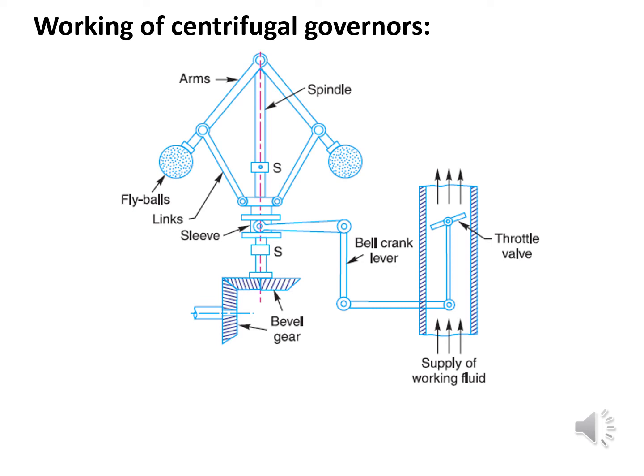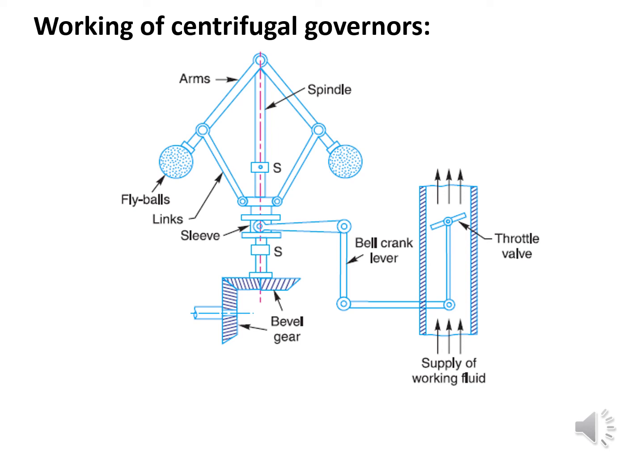The arms are connected by links to the sleeve which is keyed to the spindle but can slide up and down. The balls and the sleeve rise when the spindle speed increases and fall when the speed decreases.